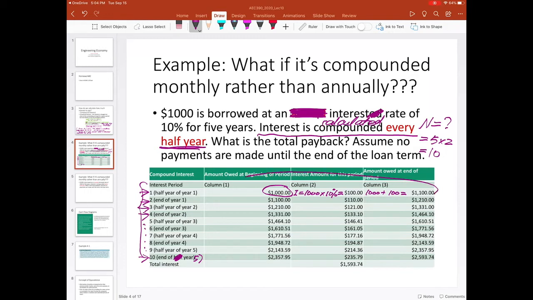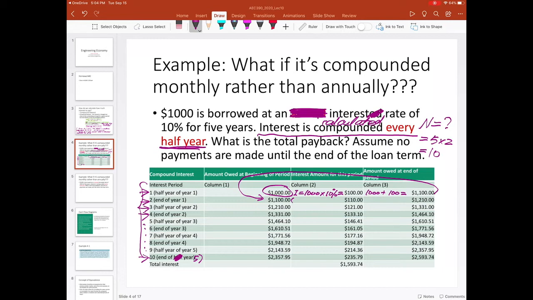And then we copied this to the beginning of the second period. And during the second period, you need to calculate your interest again, and that will be a new base.